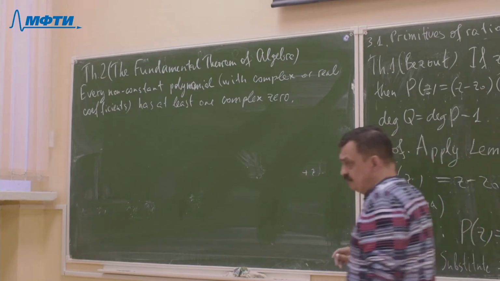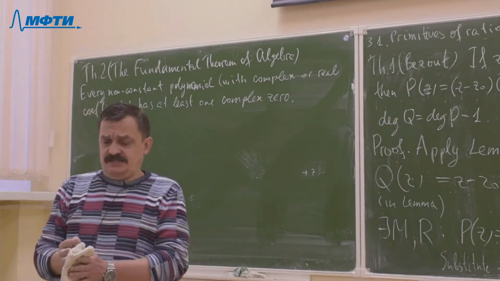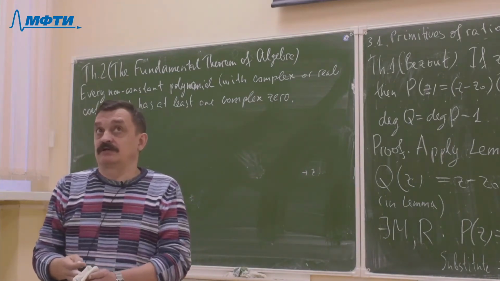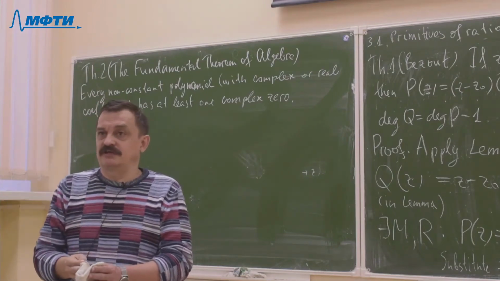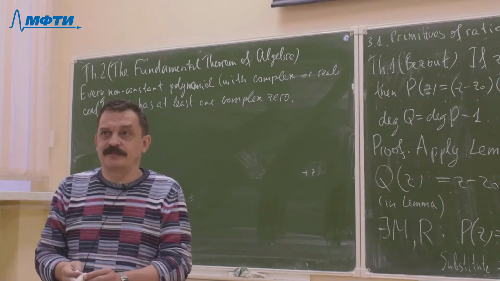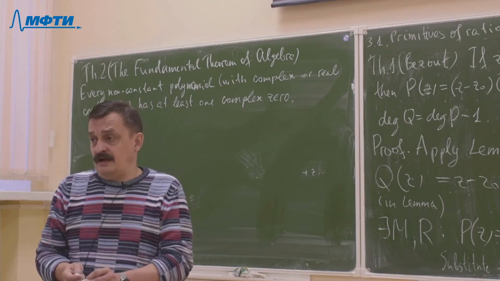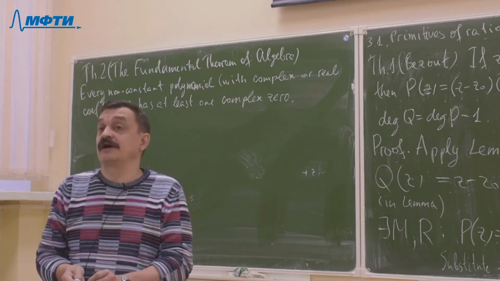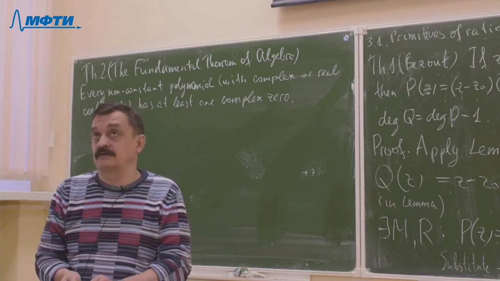In fact, there will be a very short proof in the complex analysis course, but complex analysis will be in third year, so quite a long time ahead. And there are proofs that are purely algebraic, but they are rather complicated.